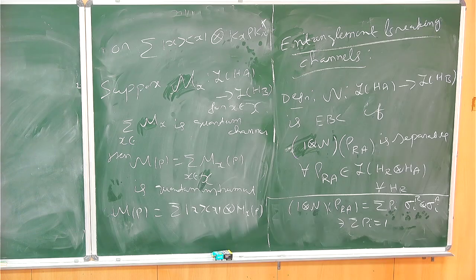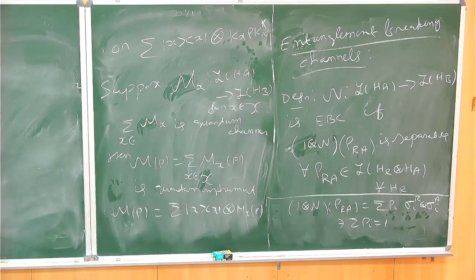N from L of H_A to L of H_B is an entanglement breaking channel if and only if the corresponding Choi matrix is separable. Of course, if it is an entanglement breaking channel, the Choi matrix is 1 tensor N applied on that, so that it is separable is clear. So this way is clear. We have to prove the other way only.